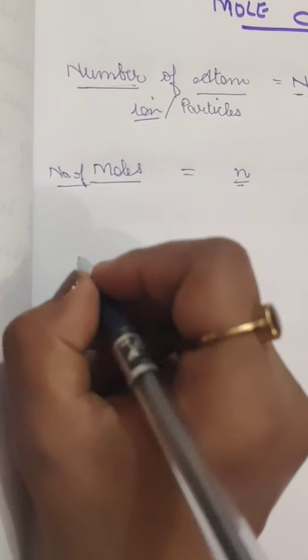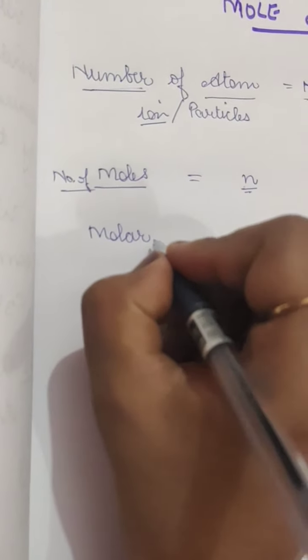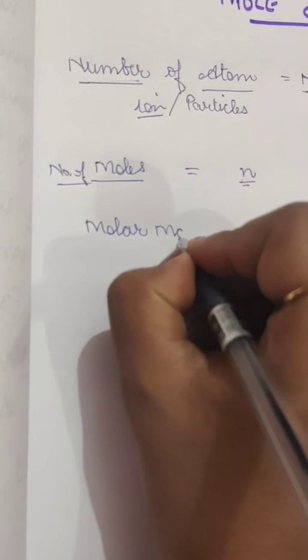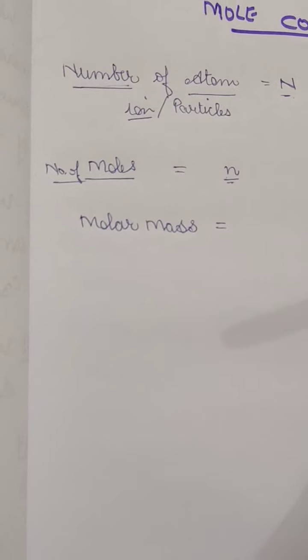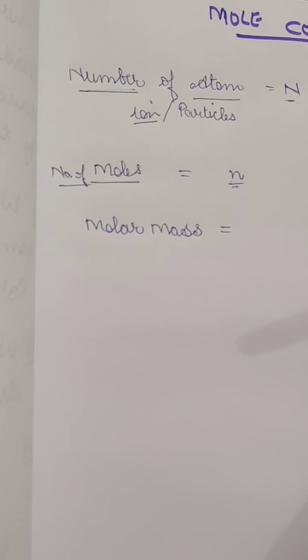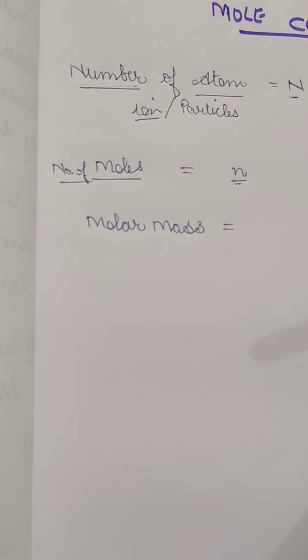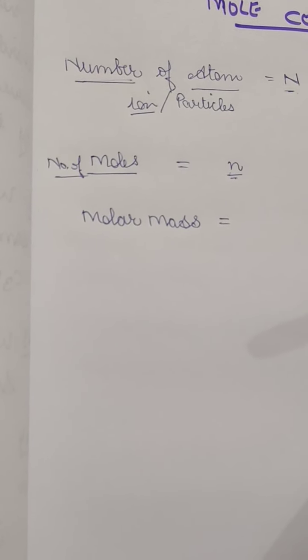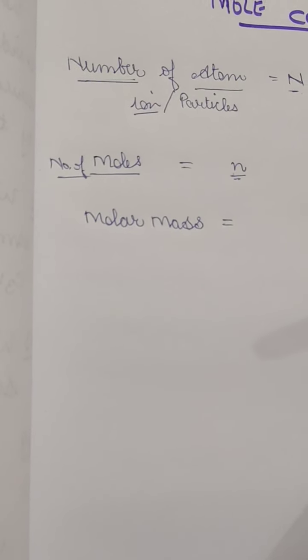Then after this comes molar mass. What is molar mass? Molar mass is the molecular mass of anything. If an atom is given, it will be atomic mass, but here it can be molecules, so it has to be molar mass. Sometimes atoms are also given, in that case we write atomic mass.